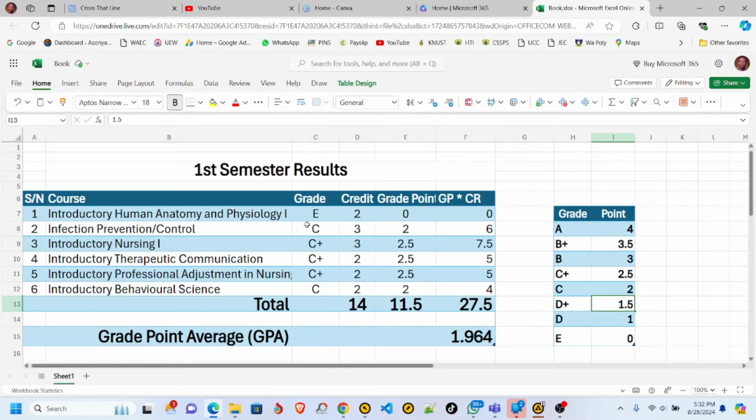For anatomy, for instance, the person had E, and the grade point for E is 0. So that is how come we have 0 here. Then IPC, the person had C, and the grade point for C is 2. So that's how come we have 2 here. C plus is 2.5. We have 2.5 here.